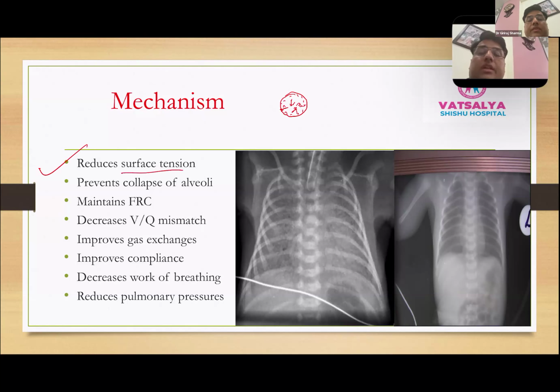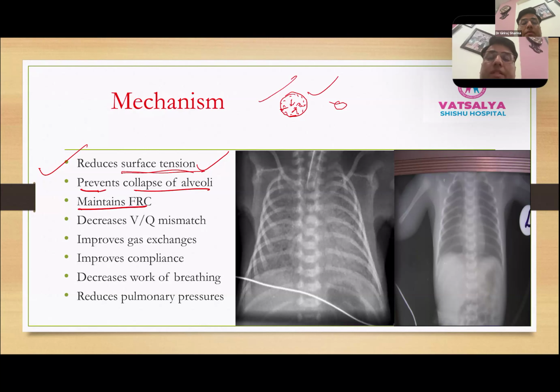Surfactant reduces this surface tension, but in preterm babies there is a deficiency of surfactant, so the alveoli will collapse. Because of this deficiency, there is increased surface tension and collapse of alveoli. By administering surfactant, we reduce this surface tension and keep the alveoli open. This prevents collapse of the alveoli.